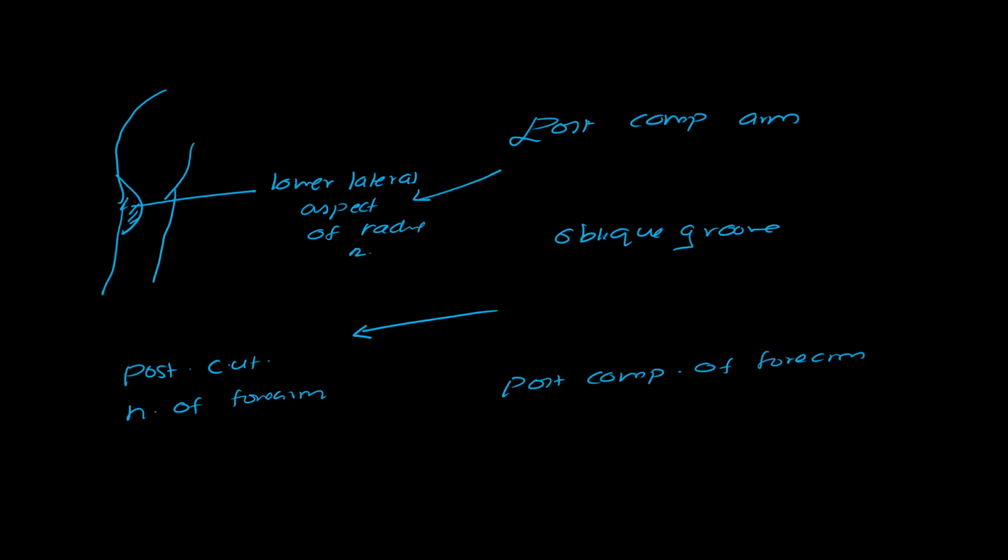So now you have come across four cutaneous nerves: the posterior cutaneous nerve of the arm, then the forearm, then the lower lateral cutaneous nerve of the arm, and then the superficial branch providing to the dorsum of the hand.